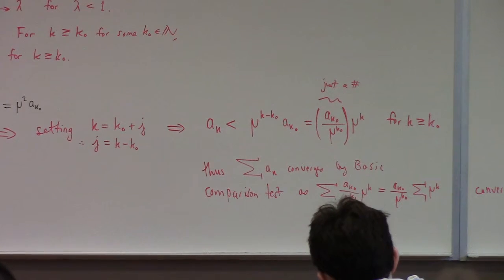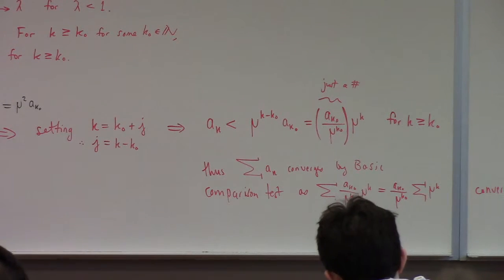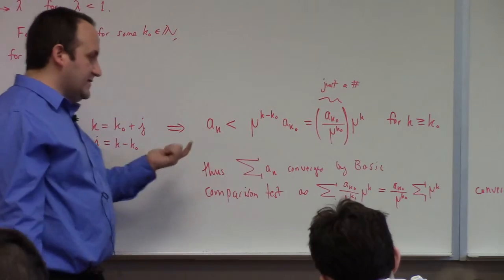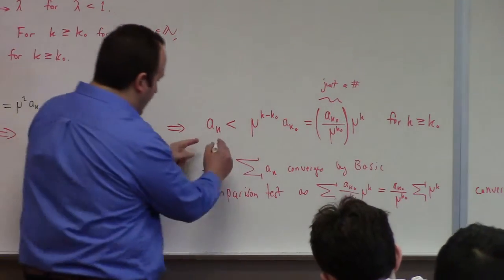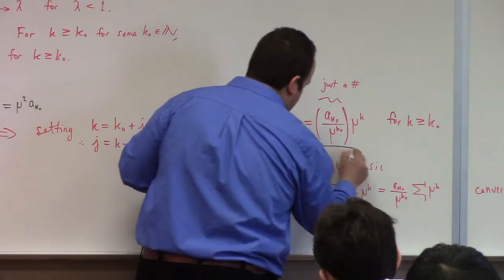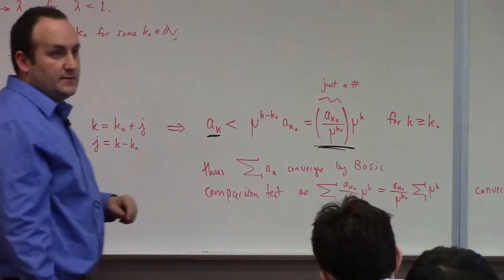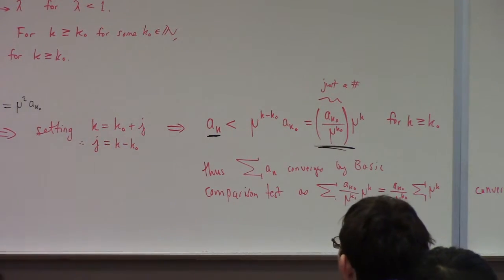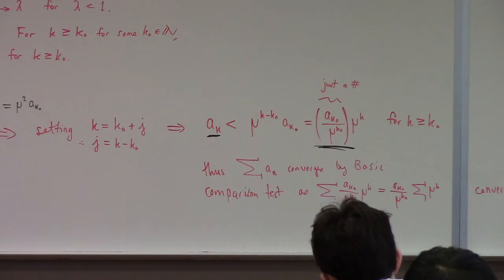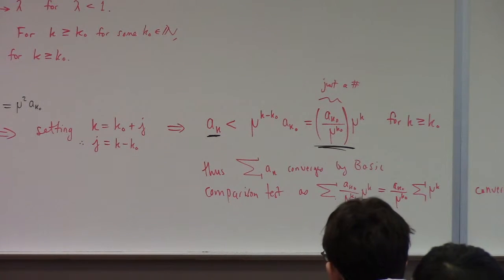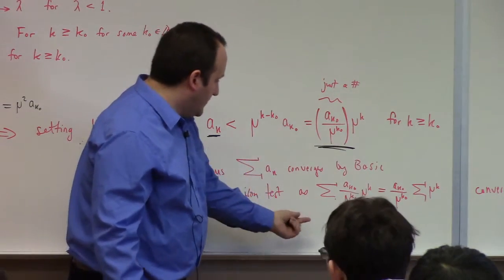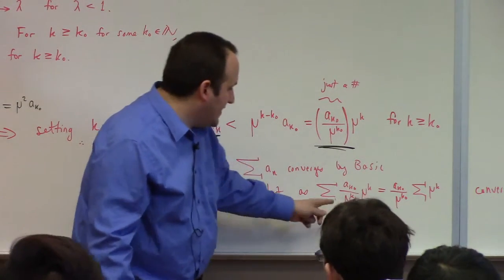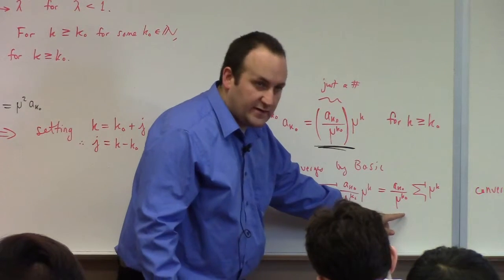Because we can argue then that the series converges by basic comparison test. Because I have that a sub k is less than this stuff over here. They're positive terms, we assume that. And this one, I can show converges how? Well, this series, I can pull that constant out, a sub k naught over mu to the k naught. That's just a number.